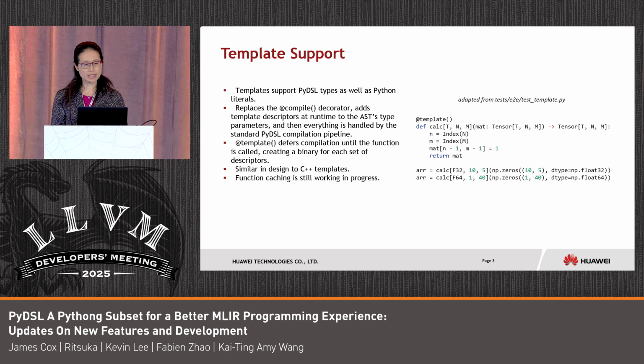For example, for the calc function, the compile is deferred to the invocation time of calc. So the AST is passed to PyDSL's compile method along with the concrete template parameters, in this example, F32, 10, and 5, injected into the context structure, and then passed to the compile method to generate the specialized MLIR.